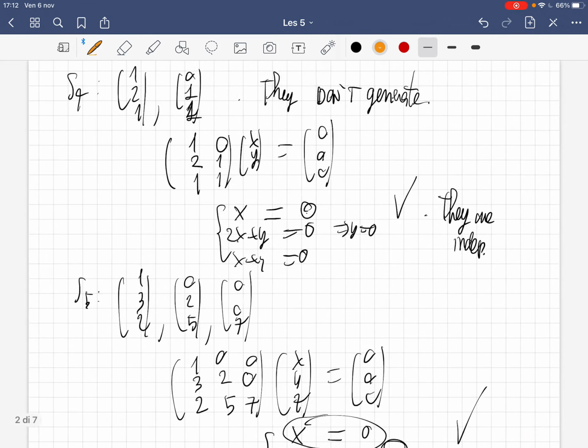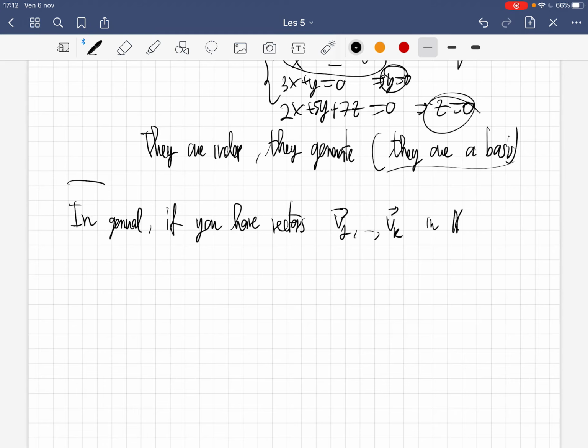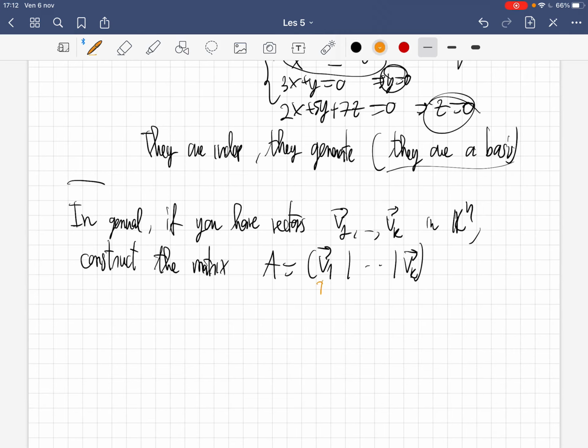But yes, at a practical level, just as a recap, to give a practical way of understanding this concept in general, if you have vectors v1, ..., vk in some R^n, you can construct the matrix A whose columns are given by the vectors.